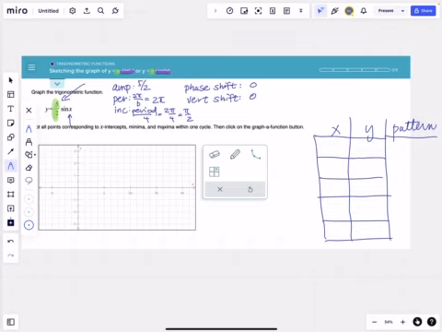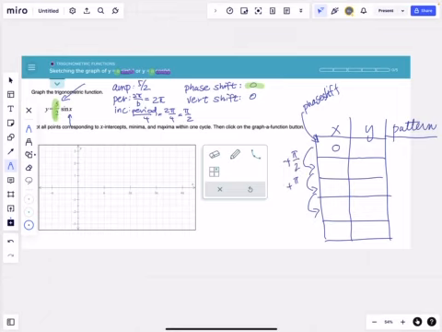All right, so once we identify these things, we're ready to start completing our table. The very first x cell will be filled with what we know our phase shift is. And we know our phase shift here is going to be 0. So we're going to put a 0 in this first cell. And then to get to the subsequent cells, the ones below that in this column, we're just going to add our increment. So we're going to add pi over 2.